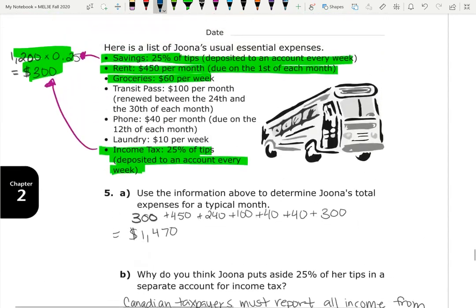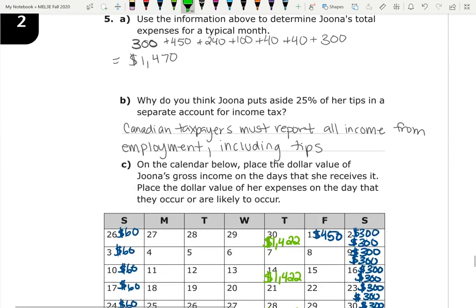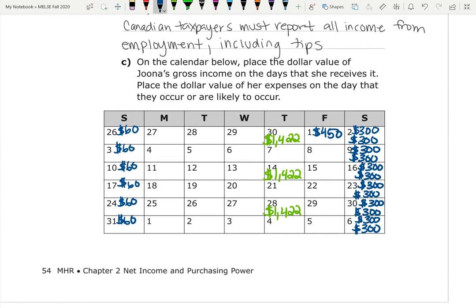Okay, next, transit pass, $100 a month, renewed between the 24th and the 30th. Well, let's just write it the day before the last day of the month, just in case something happens. That way she's not in a bad situation for the first of the new month. So she goes 2 days before the first of the month.